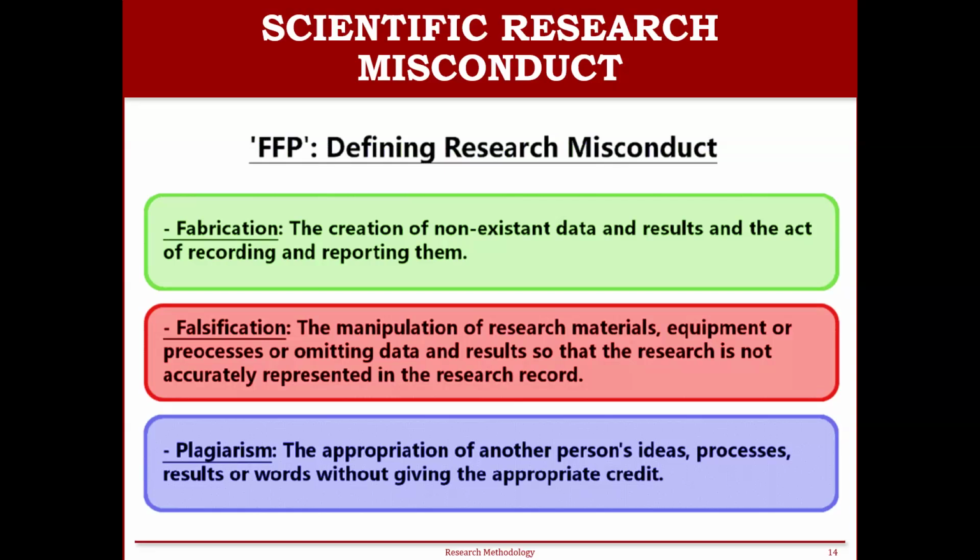They present the data as if they have done it by themselves. It's not a good thing. You have to give the credibility to the real author. This plagiarism happens because the students took someone else's work and didn't give them the credibility and the credit. So these are the major three research misconduct areas.